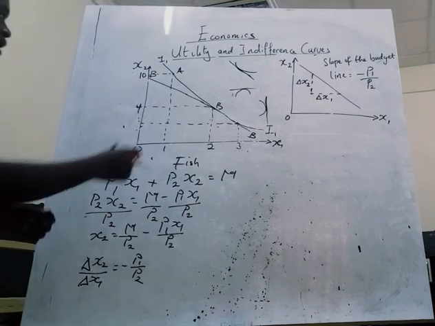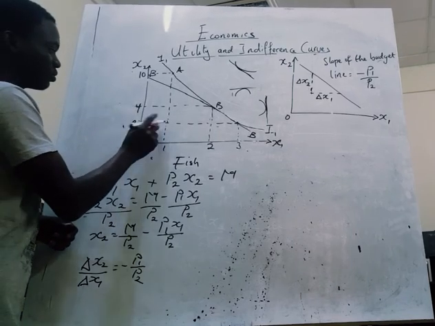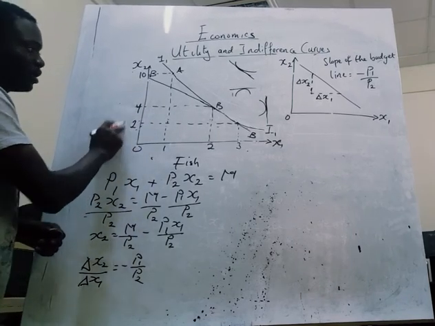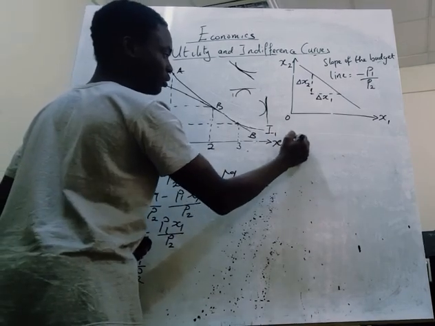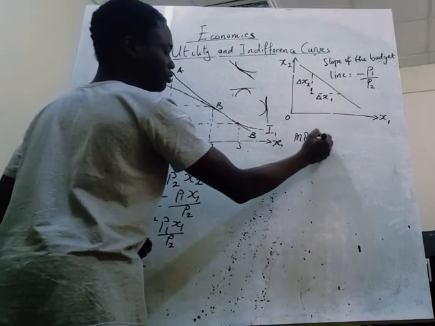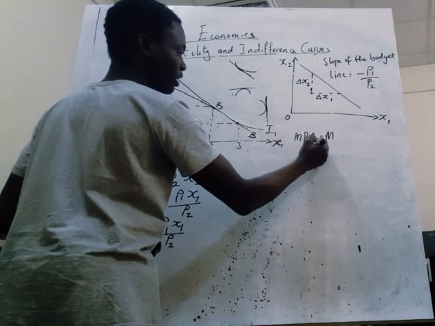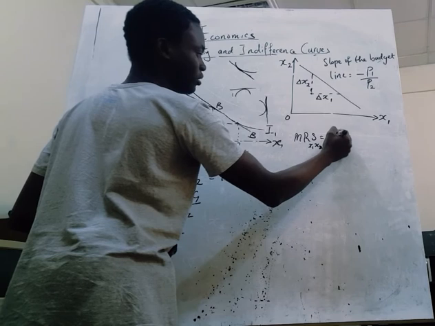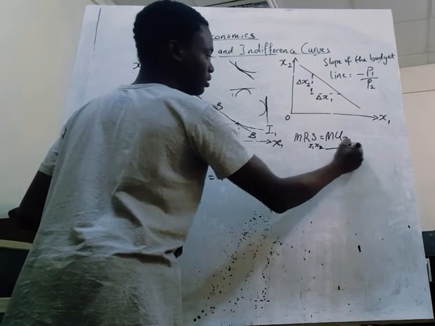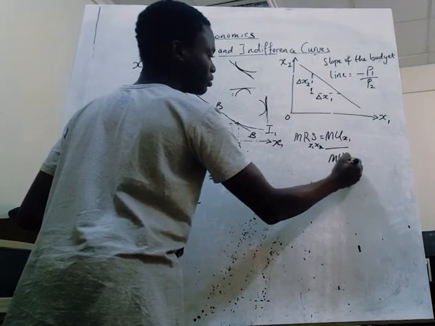So what is our slope here? Our slope here is simply our MRS at this point, MRS of x1, x2, which is the ratio of the marginal utilities, MU x1 over MU x2.